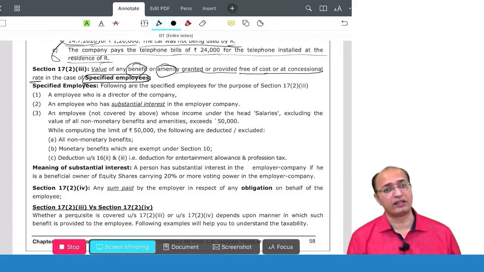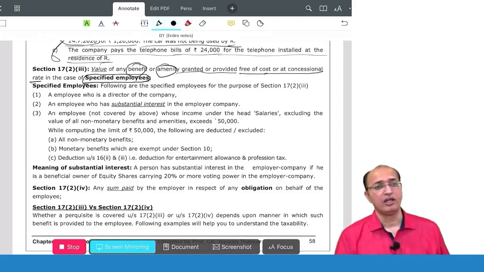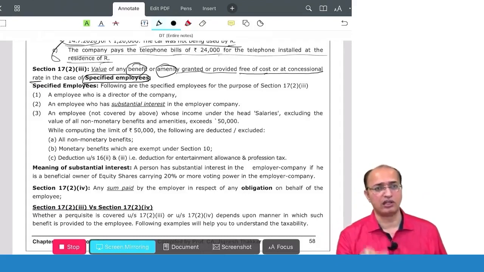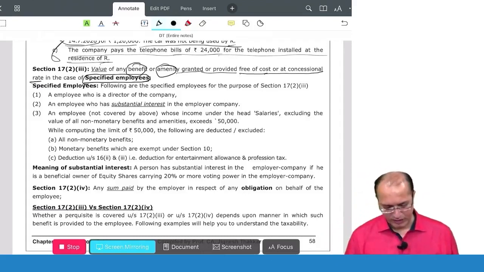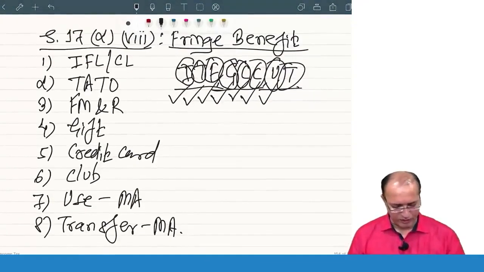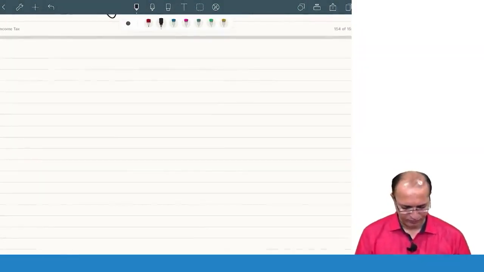In other words, in case of non-specified employees, those facilities would not be taxable. If the facility is covered by 17(2)(iii) and provided to a specified employee, it is taxable. If it is provided to a non-specified employee, it is not taxable.